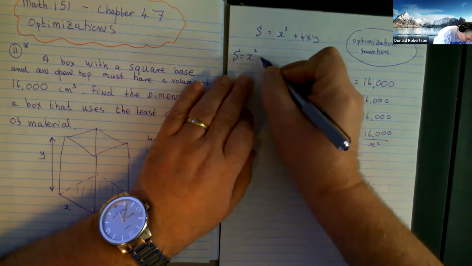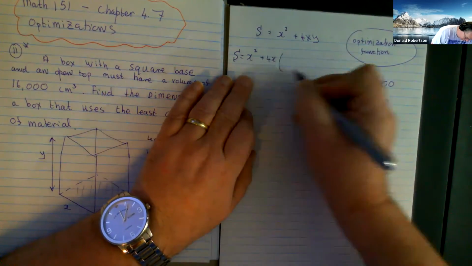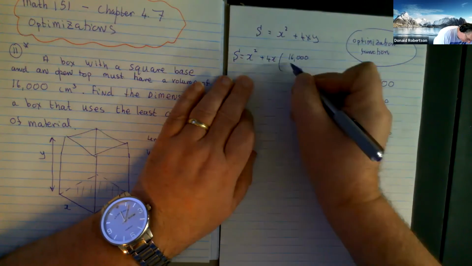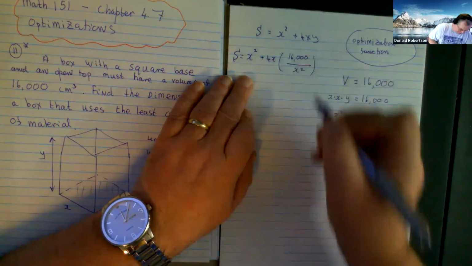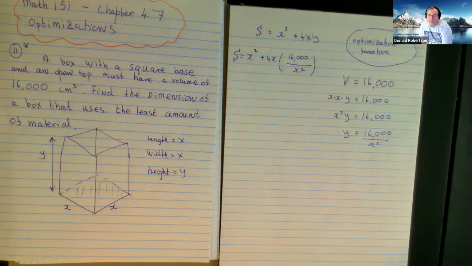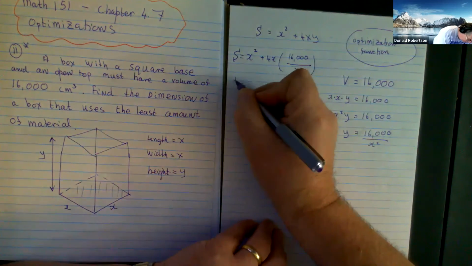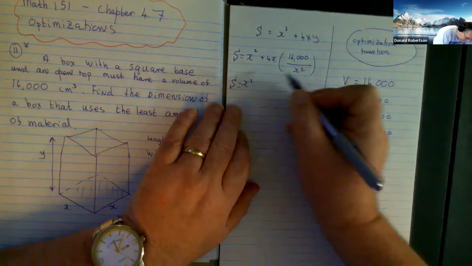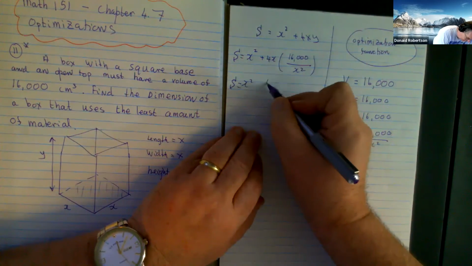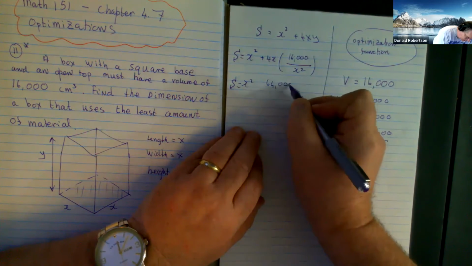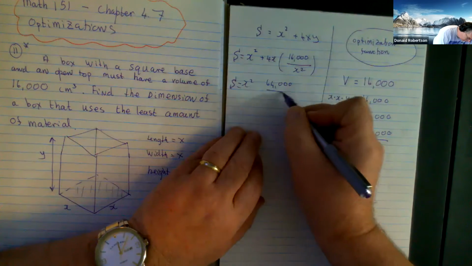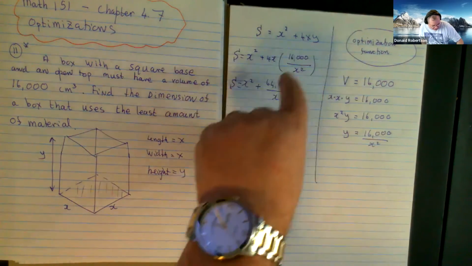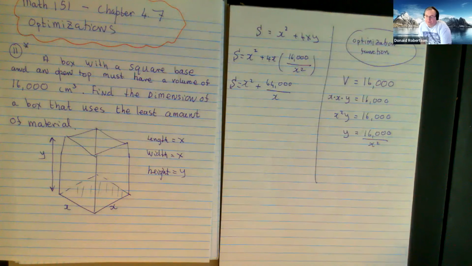It's X squared plus 4X, that guy. And now I'm going to try and tidy it up a little bit. 4 times 16,000 gives you 64,000. That X partially cancels out one of them and you get that. Are you comfortable that these two multiplied and cancelled down gets me that fraction?